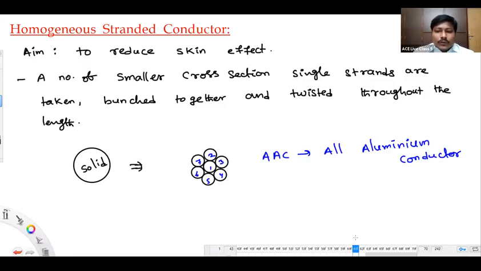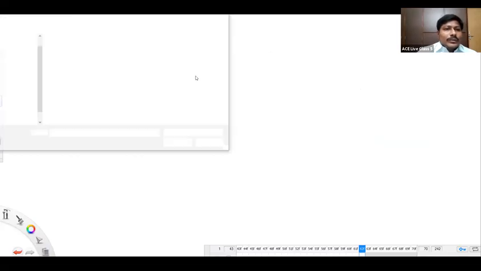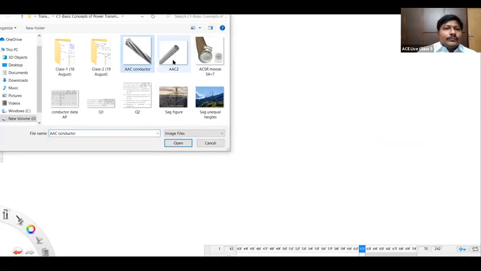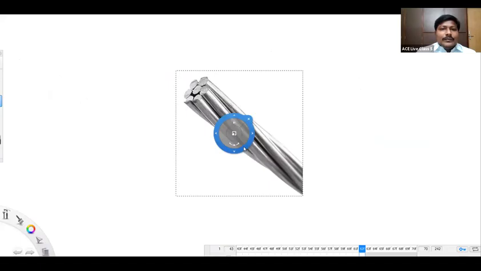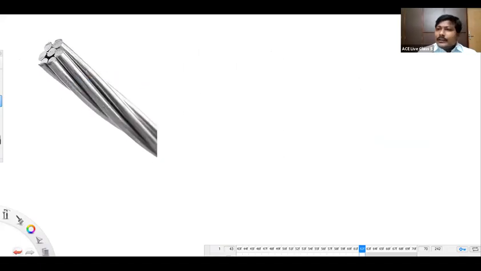Just go through it once. This is one of the AAC conductors. This is the internal strand, number 1, and the outer strands are 2, 3, 4, 5, 6, 7. Like this, the conductor will look, and this is the twisting we are making.